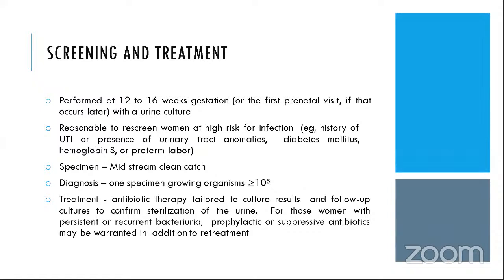Screening and treatment. Screening should be done during the pregnancy, at about 12 to 16 weeks. The screening can be done especially for those who have a past history of urinary tract operation or disease, hemoglobin S, that is sickle cell hemoglobin, or a past history of liver disease.